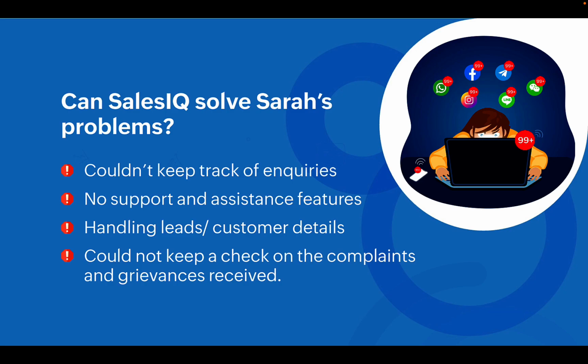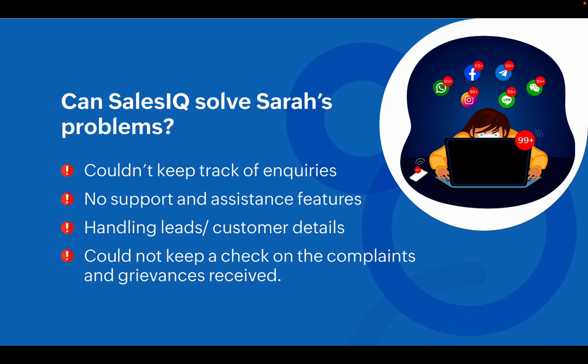So she had to move from here to there, and then there was a lot of confusion there. And then she couldn't keep a check on the complaints and grievances that she received on all of these platforms, right? So these are some of the problems that Sarah was facing. Now, as business owners, I'm sure all of you here are able to relate with at least one of these problems, right? So what is the solution?